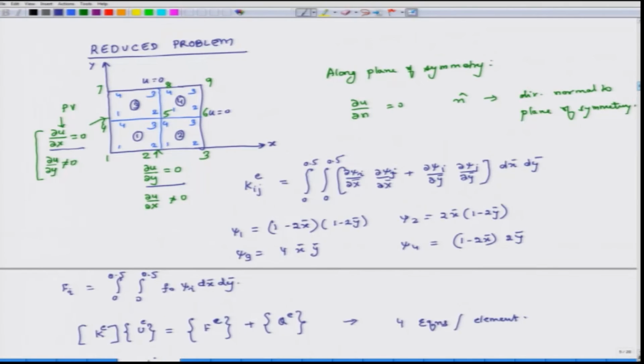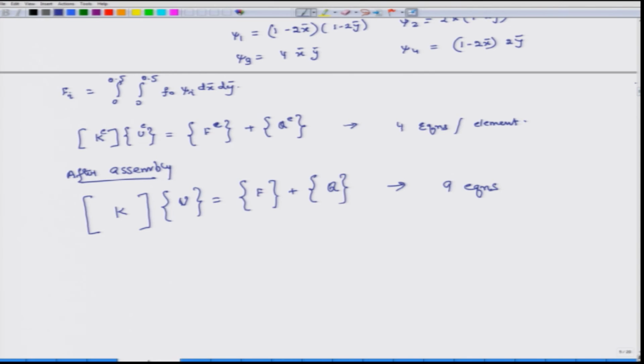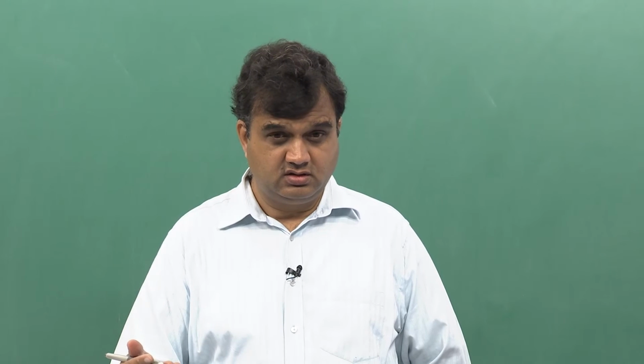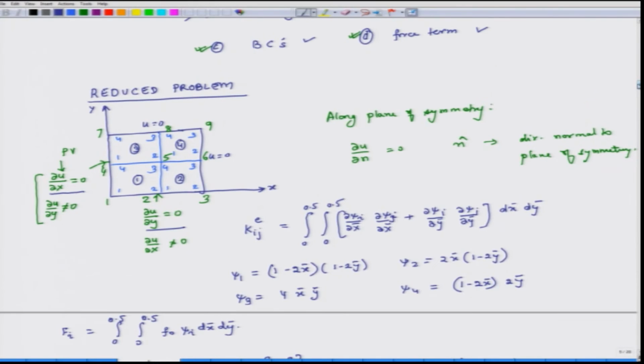Why? Because in the global domain we have 1, 2, 3, 4, 5, 6, 7, 8, 9 nodes, right. So, we have 4 equations per element. So, at element level we will get 16 equations, and those 16 equations will be reduced to 9, because of elimination of 7 degrees of freedom. What are those 7 degrees of freedom? They are associated with node 2, node 4, node 5, node 6 and node 8.